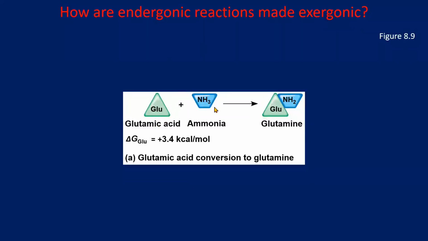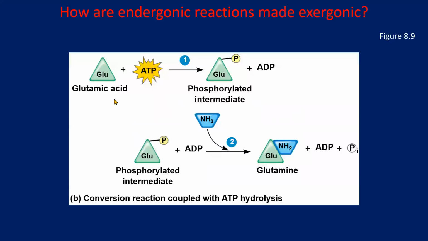Glutamic acid is reacted with ammonia to give glutamine. This process has a positive change in free energy. But there is a different pathway. In this process, glutamic acid reacts with an ATP molecule, and ATP is hydrolyzed.